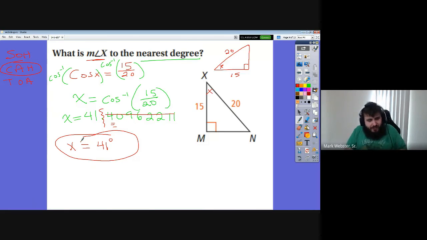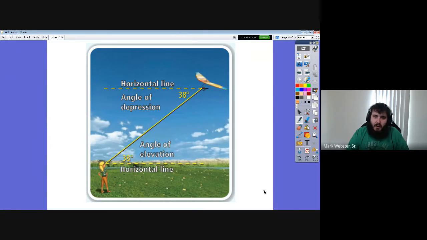All right. So that's the basics of what we're doing. There's also a couple extra included problems that are sort of application-y. I mean, they do a bunch of applications, but in this book, they have a whole extra section of a couple problems dedicated to a very specific way of applying this. And they're called angles of elevation and depression.